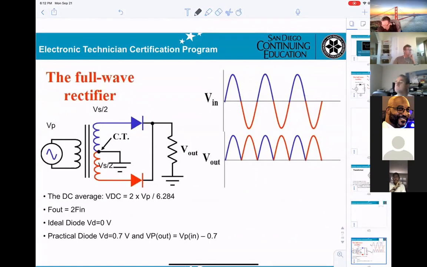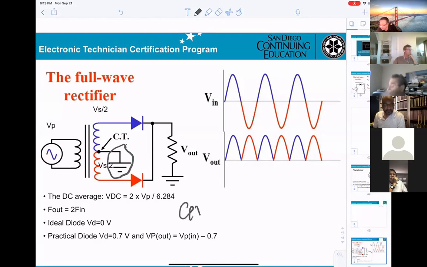Now, in this circuitry, they use two diodes and also the transformer. The difference is in the transformer I showed you. In this transformer, they draw right here a center tap. That's what they call a center tap transformer.